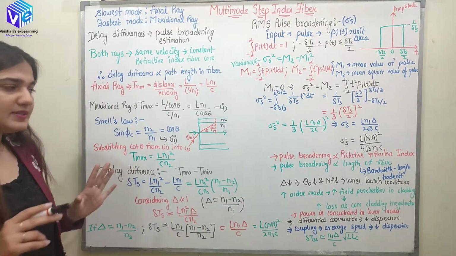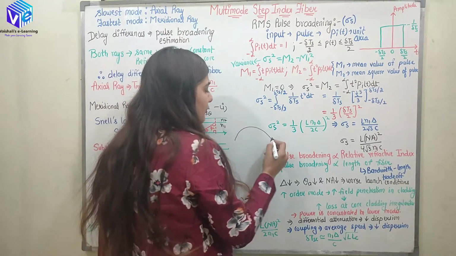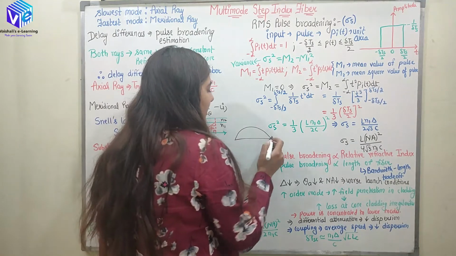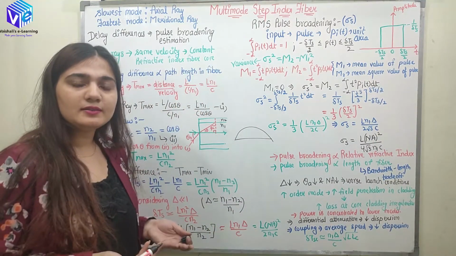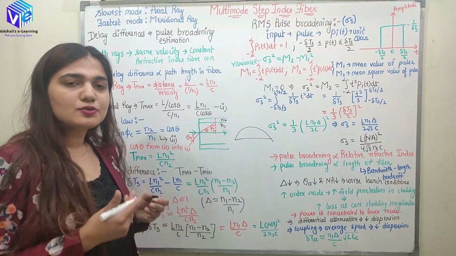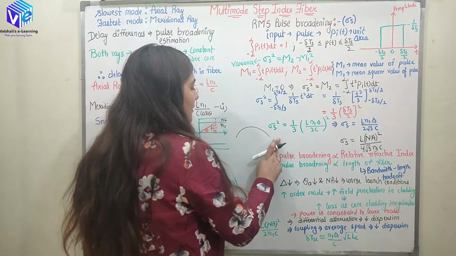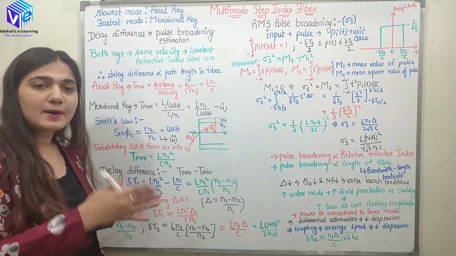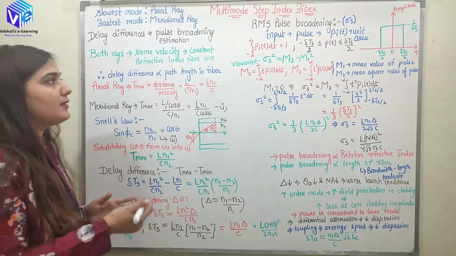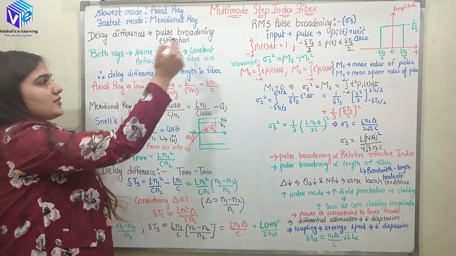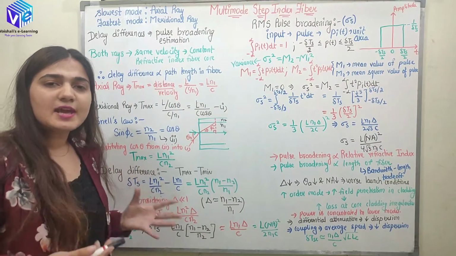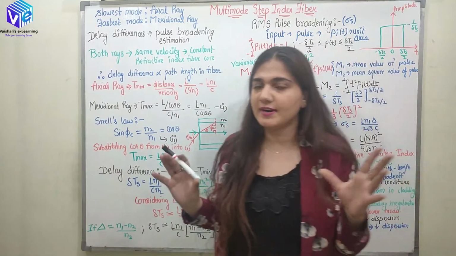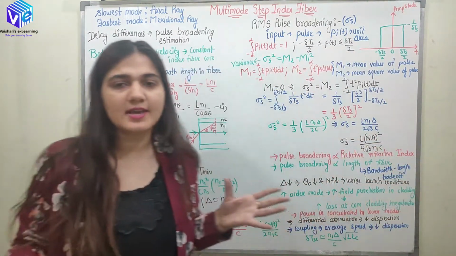Now the meridional ray travels like this, it has to travel the longer path, and the axial ray travels the lesser path. This is because of the constant refractive index in the step index fiber inside the core. We all know inside the core we have a constant refractive index for the step index fiber, that is n1.